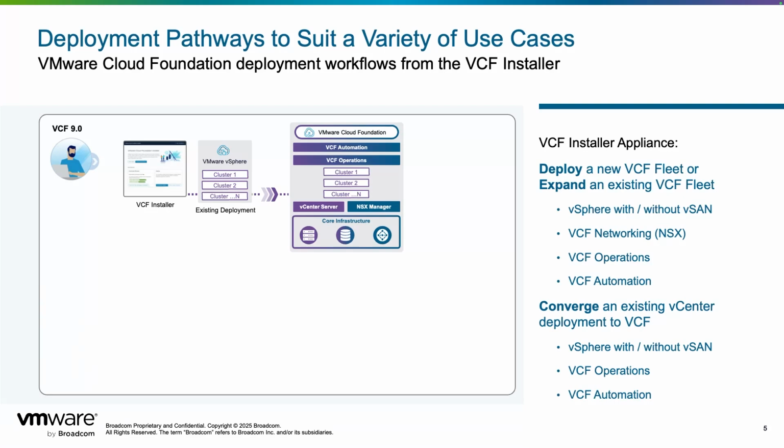This isn't all the VCF installer can do. The VCF installer workflow also provides options to converge an existing VCF operations instance and/or an existing VCF automation instance. The VCF installer appliance provides an easier, quicker, and more repeatable set of workflows for our customers to get on the pathway to VCF.